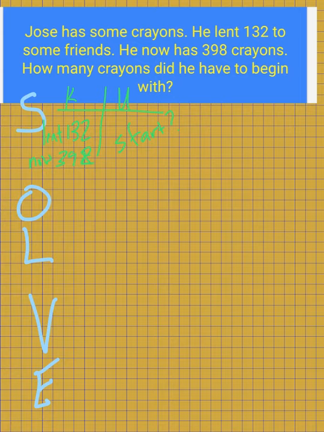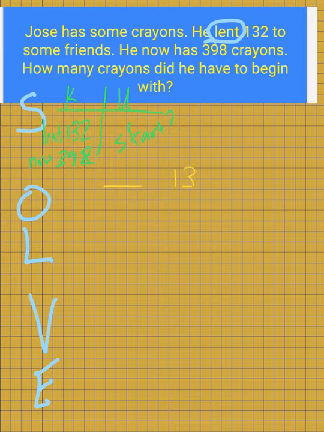Alright, so let's take a look here. We know that we are separating because he lent some out. Lent telling us that he gave away some. Right? So that's telling me that this is a separate problem. Something's getting taken away. So I don't know what we started with.